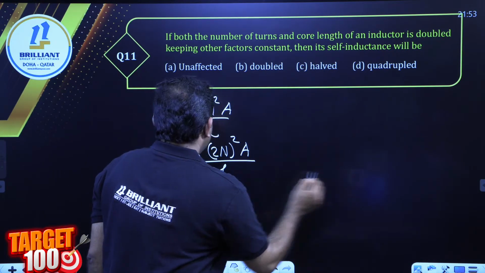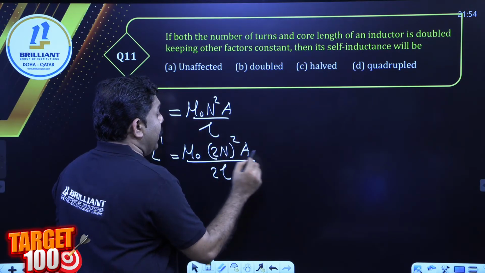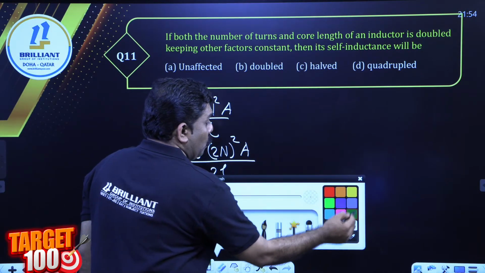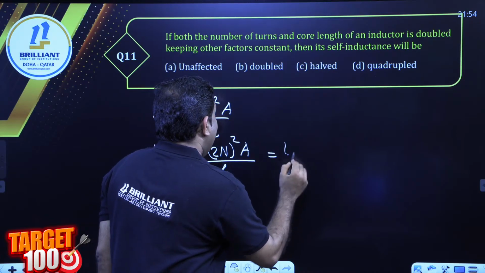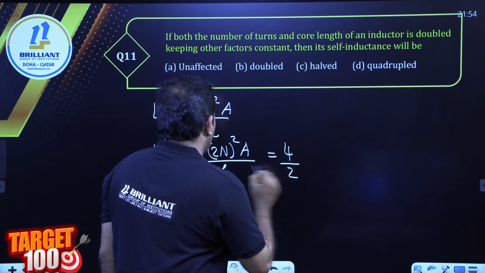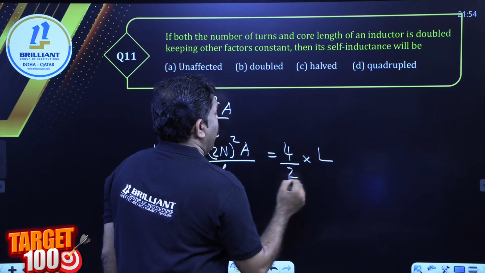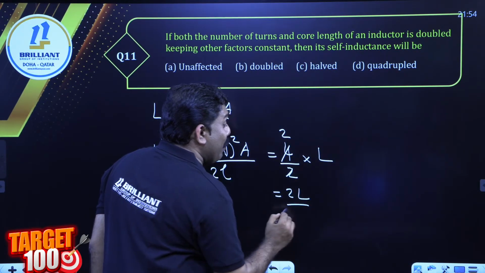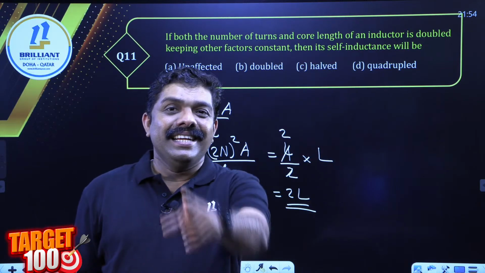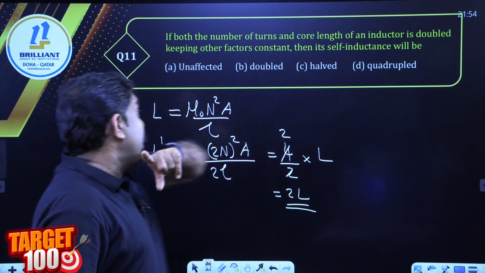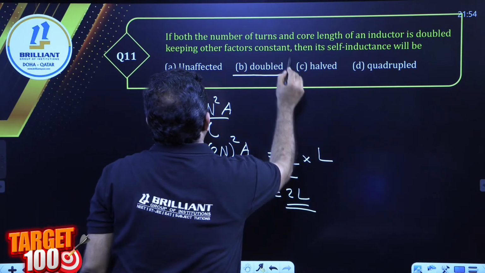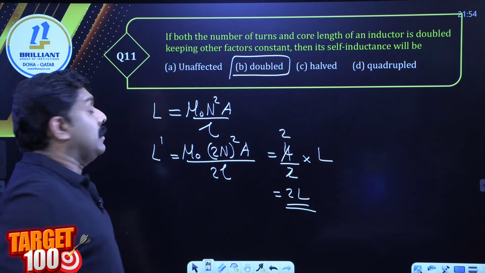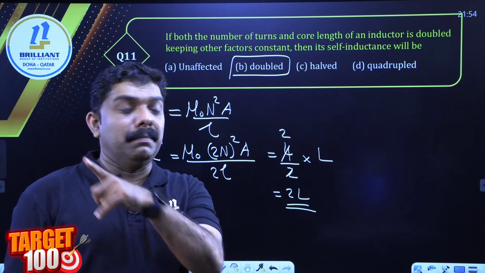You can see that this 2 square is there, so 2 square is 4, and then divided by 2, with all other terms being L. So 4 by 2 is 2, that is equal to 2L. So we can say it is doubled. The right answer for question 11 is option B, it is doubled.